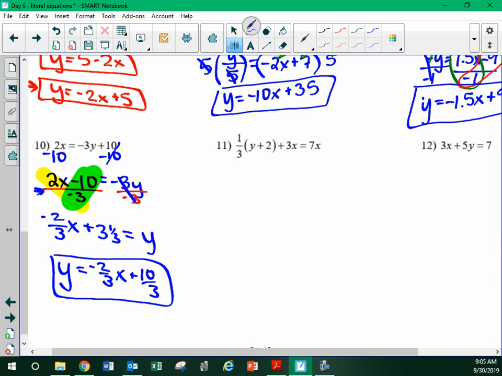Again, when we go to graph, you would have to know that it's negative 2/3 and 10/3. Like, this is my y-intercept, this is my slope. So it'd be fine to leave it as 10 over 3. If you want to put 3 1/3, that's perfectly fine as well. It's probably more common you'll see it like this, but either way, I would accept either one. It's the same number. All right, any questions with 10?